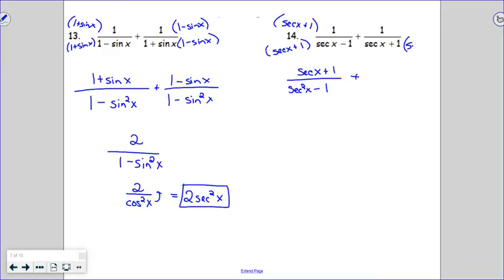Same thing here, I multiply by secant x minus 1, which gives me the first thing squared minus the second thing squared. So combining my like terms in the top, secant x plus secant x is 2 secant x. 1 minus 1 is gone over the common denominator. Secant squared x minus 1 is one of our Pythagorean identities, and that is tangent squared.